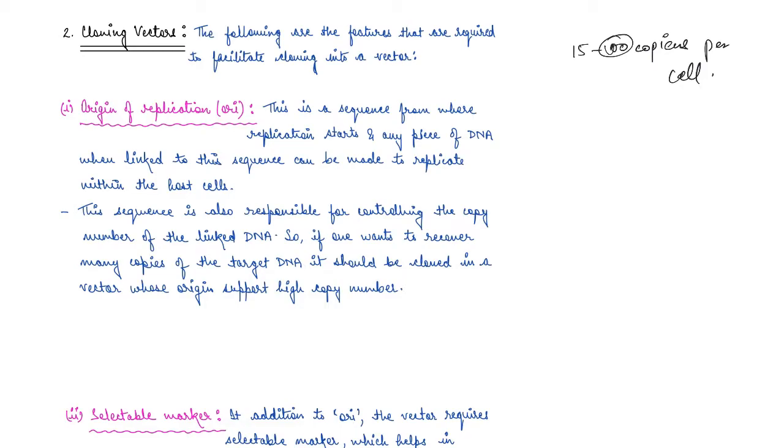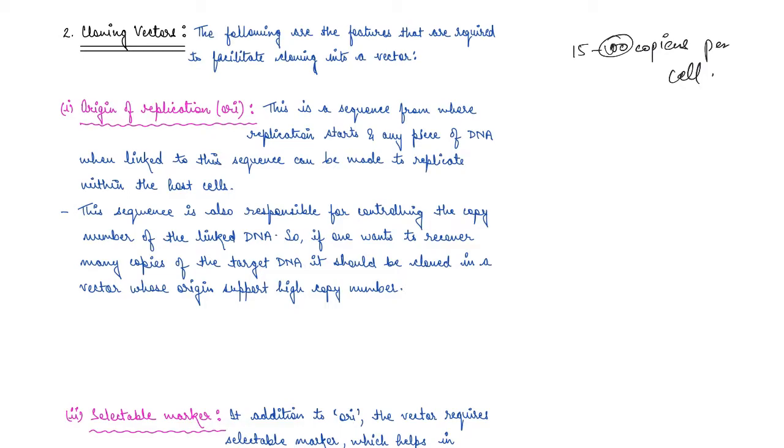So what are the features that are required to facilitate cloning into a vector? Basically, what is cloning? I hope you have gone through the previous videos. If not, please go through them, as I have explained cloning in detail in the very first video.